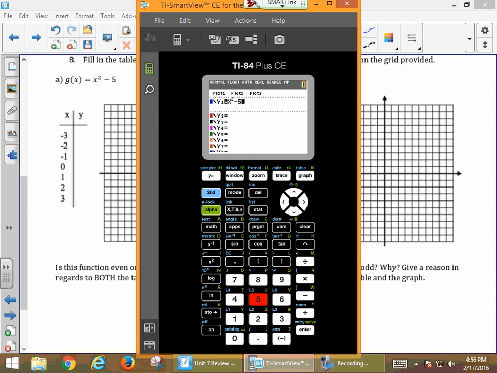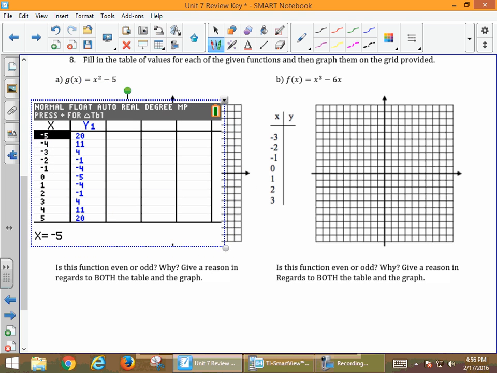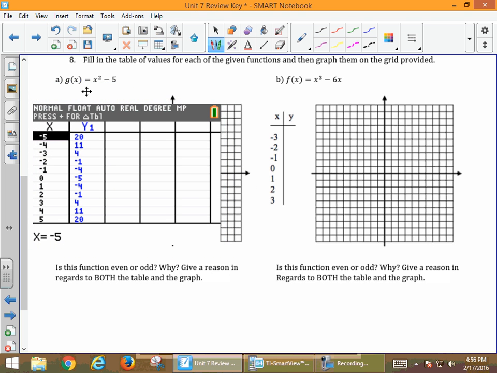And the first thing I want to take a look at is the table of values. Now, I have from negative 3 to positive 3. The calculator gives me from negative 5 to positive 5, but that's fine. As I throw this down in there, you can see that this function from negative 5 to 5 has the values 20, 11, 4, negative 1, negative 4, negative 5, and then negative 4, negative 1, 4, 11, and 20.